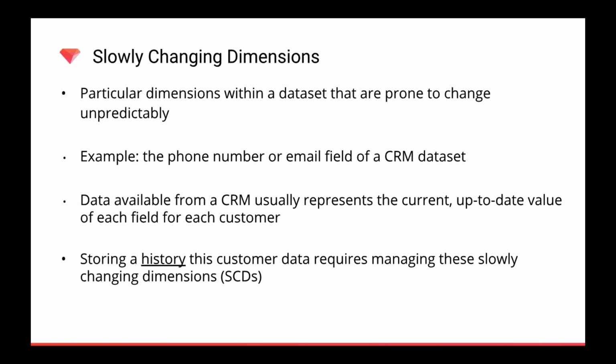And data that you pull in from a CRM usually just presents the value for that dimension as it is now. And it may not tell you that this dimension used to have a different value or give you the history of those changes. And often this current-only view doesn't really give marketers enough visibility into their data.